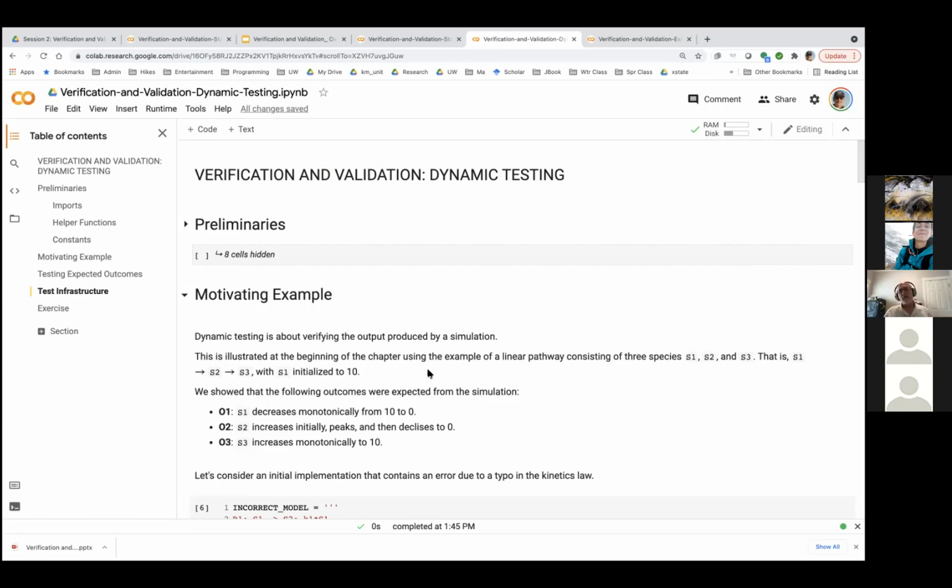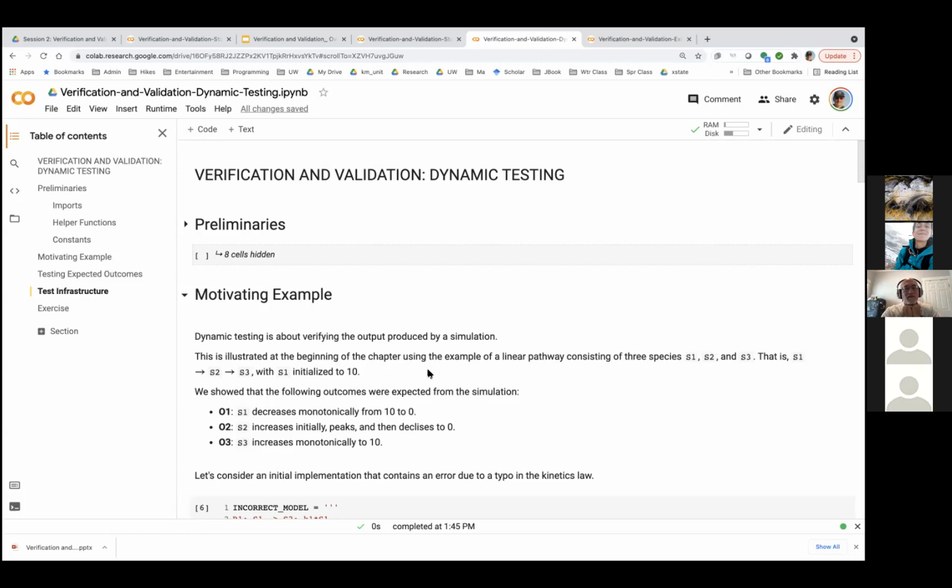So back to framing what we're trying to do here. Obviously the whole purpose of running a model is to aid in discovery. And so it's expected that you many times don't know what the outcomes of the model should be.